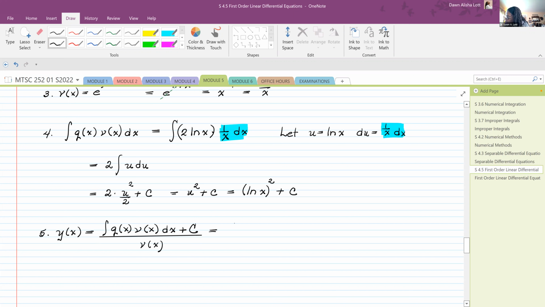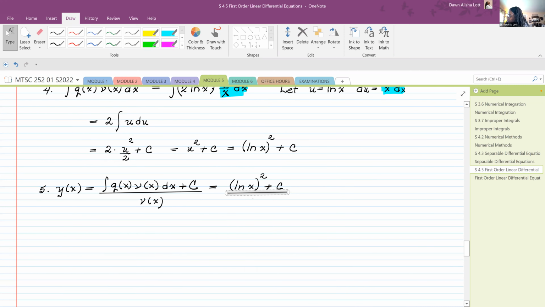So that gives us the natural log of x squared plus a constant, and V of x, well, I think that was a rational function. That was 1 over x. That's correct, 1 over x.